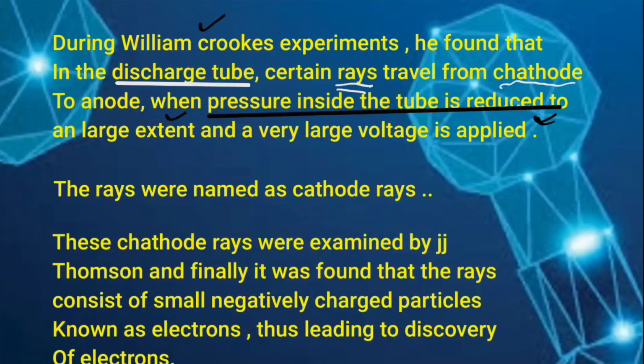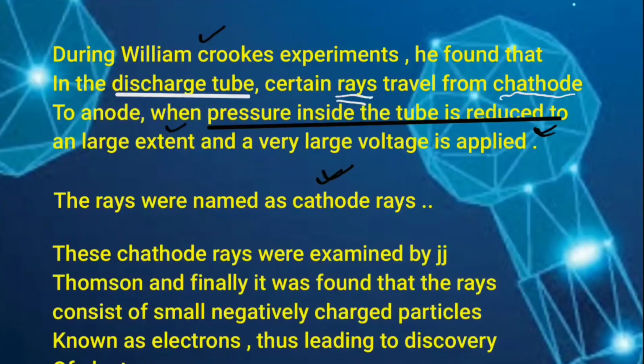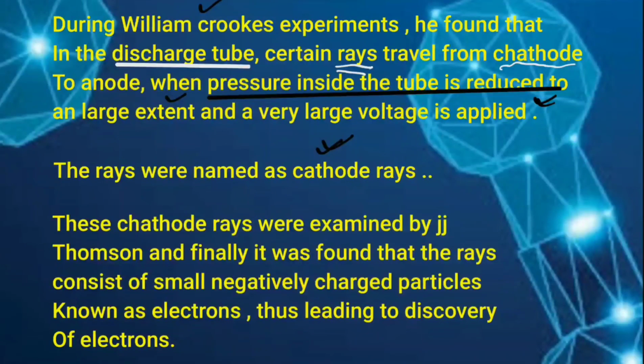As these rays travel from cathode to anode, he named them cathode rays because their origin is the cathode. These cathode rays were examined by J.J. Thomson using a later, slightly advanced version of this discharge tube, and he found that these rays consisted of small charged particles known as electrons.